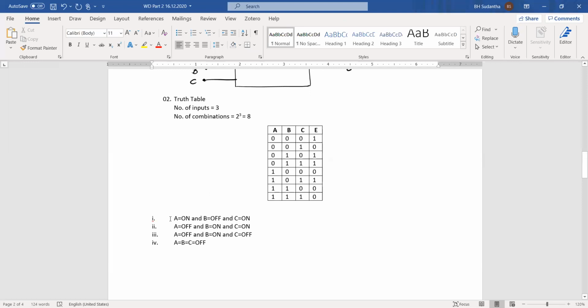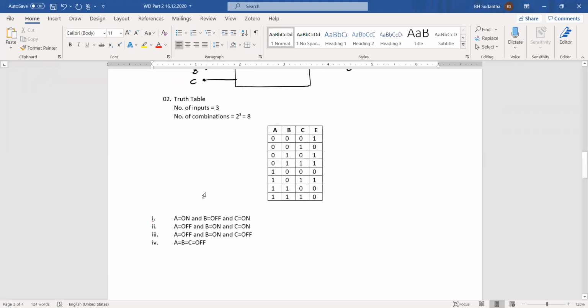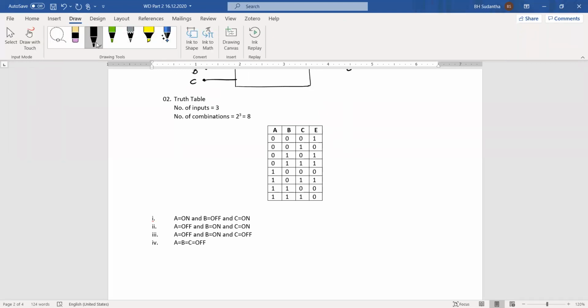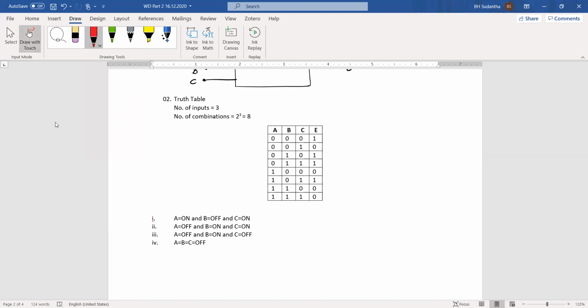Okay. Now you can convert this into an equation. To convert this into an equation, we have to convert it into terms. How can we write terms there? This one we can convert as A bar, B bar, C bar. This is A bar, B, C bar.